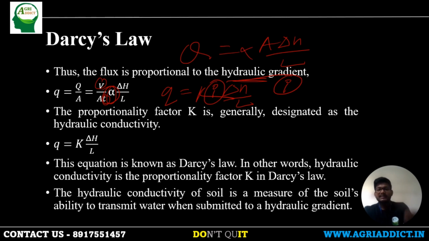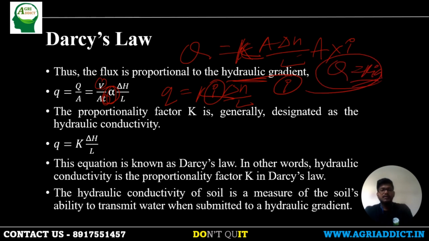So I will remove proportionality, I will write K and A will be there, and del H by L is a hydraulic gradient, that is I. So we will get Q is equal to KIA, or q is equal to Ki. Okay. So the shortcut to remember Darcy's law is Q is equal to Ki or KiA.